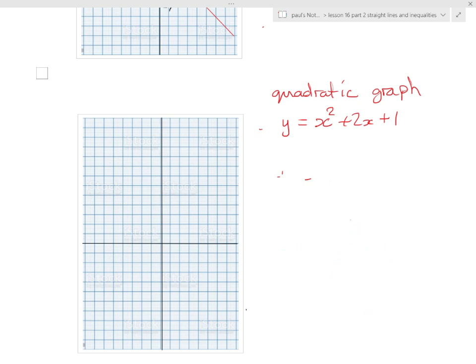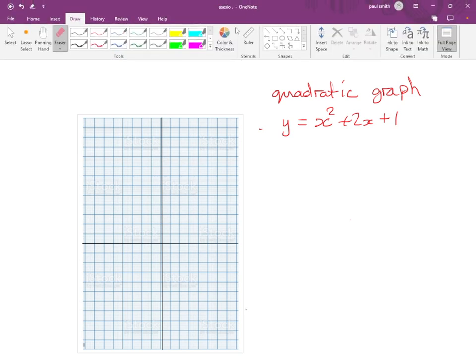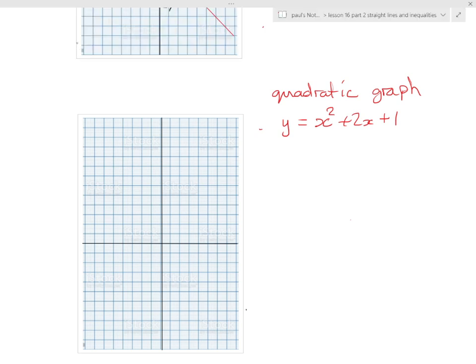Now, let's have a look at the scale. Usually the scale has to be a bit bigger. So 2, 4, 6, 8, 10, 12, 14, 16 and 18 there. Minus 2.